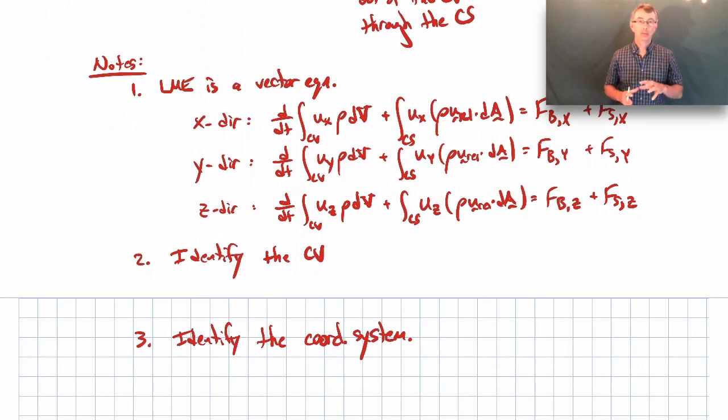We're going to be solving problems where we put coordinate systems on moving objects. So you need to make sure it's clearly identified that that coordinate system is on that moving object, or it's fixed to the ground or somewhere else. So always identify your coordinate system. Again, if you don't identify it, then it's not clear to anyone else what it is you're doing. So make sure you do that.